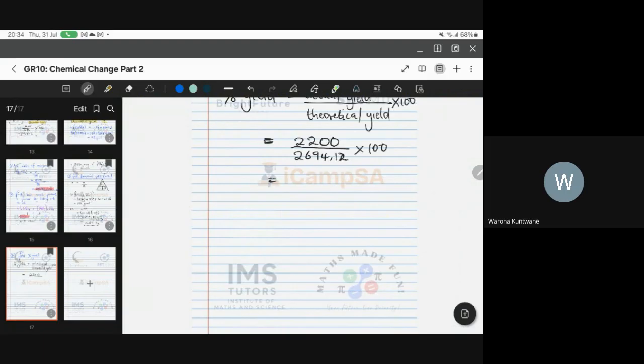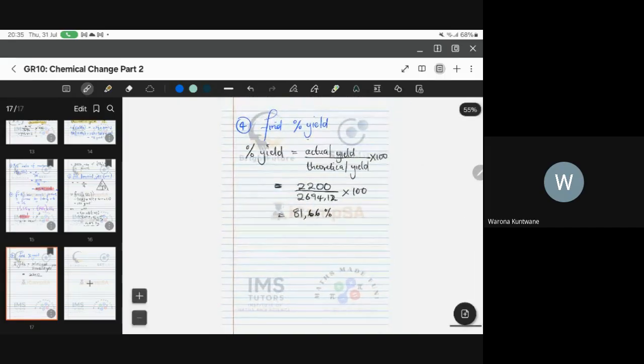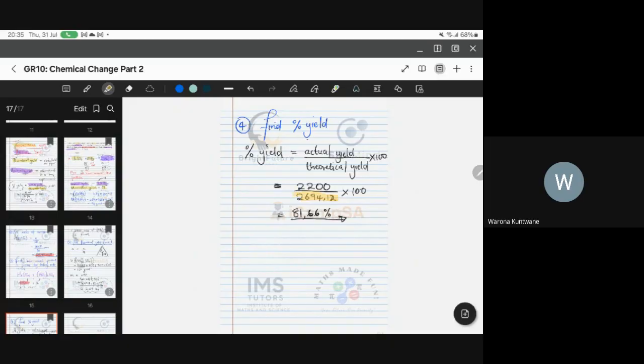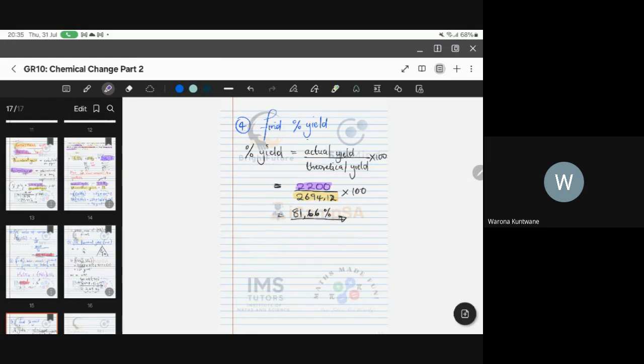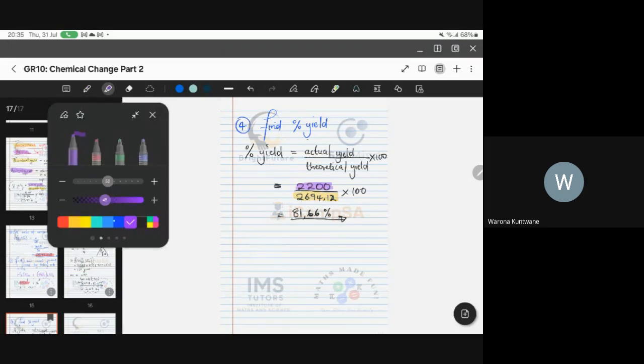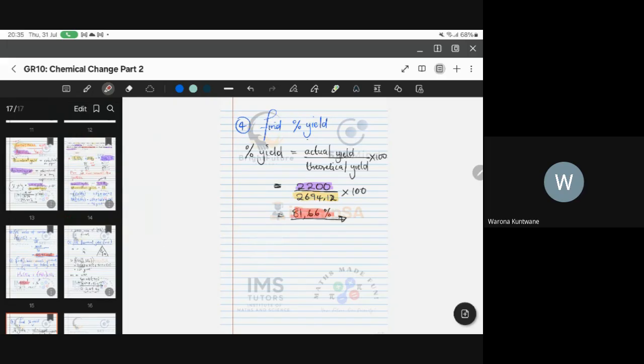And that should give us 81.66%. That is our percentage yield, right? Actual yield over theoretical yield gives us percentage yield, always.